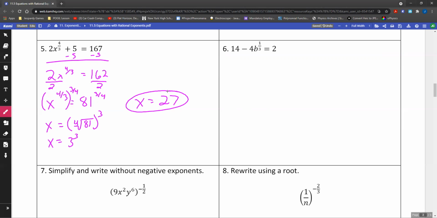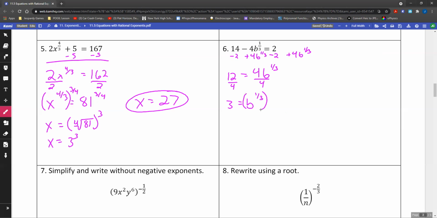Okay, so what I'm going to actually do is subtract the 2 over and then add this to the other side. That way I have 12 equals 4b to the 1/3. The 4 isn't with the b, so this actually gets brought over like that.